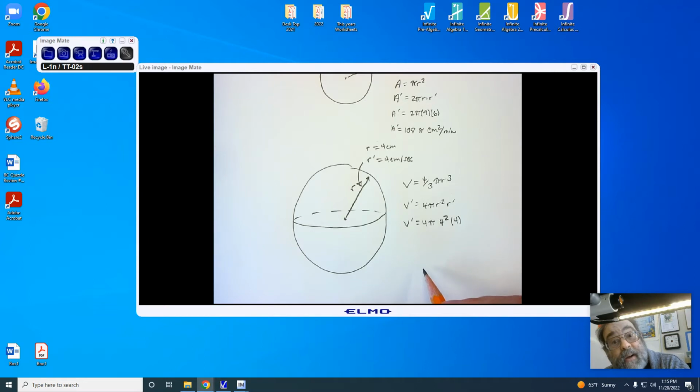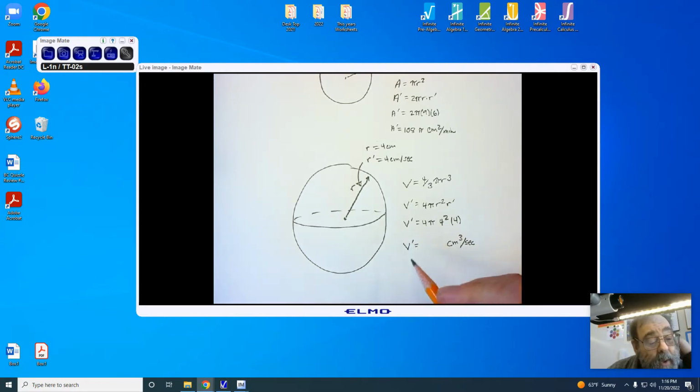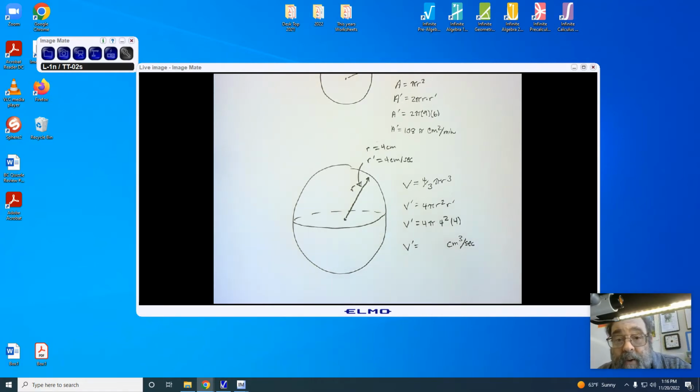That's going to give us centimeters cubed per second, or cubic centimeters per second if you prefer. Once again, multiplying this through, I end up getting 256 pi. Once again, this turns out to be just 16 times 16, or 4 to the 4th power, and that is 256.